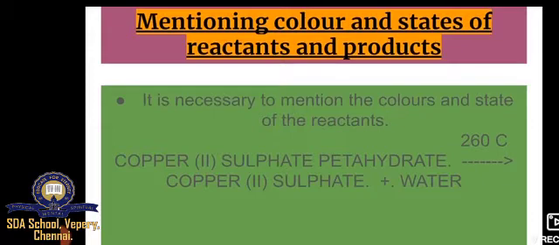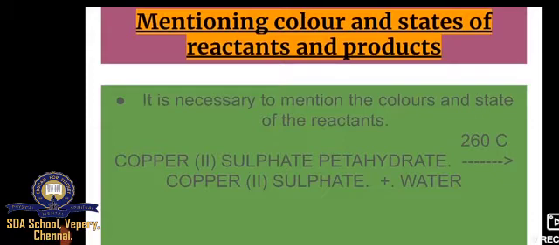What is happening? It is giving out 2 products. When the reaction takes place, one molecule is split into 2 compounds. We can say it's a decomposition reaction. Here the decomposition is taking place. We are getting the products copper 2 sulfate plus water.